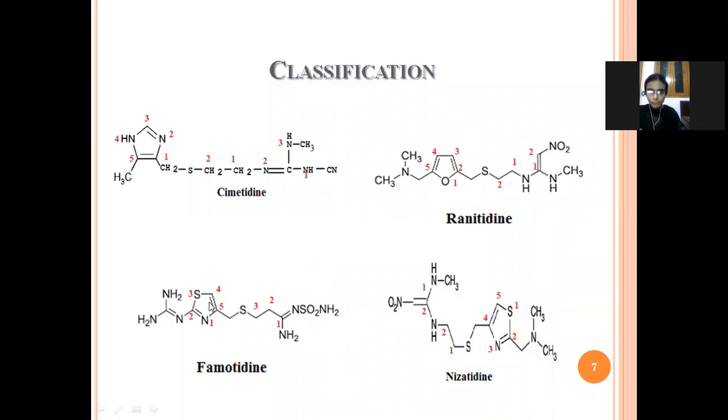See here, this is the thiazole, the structure with a 5-membered ring.